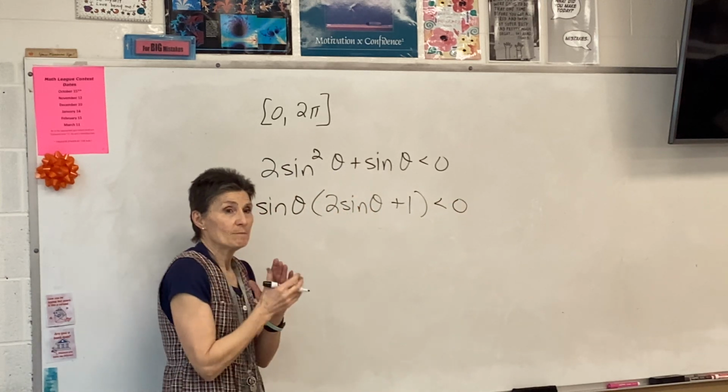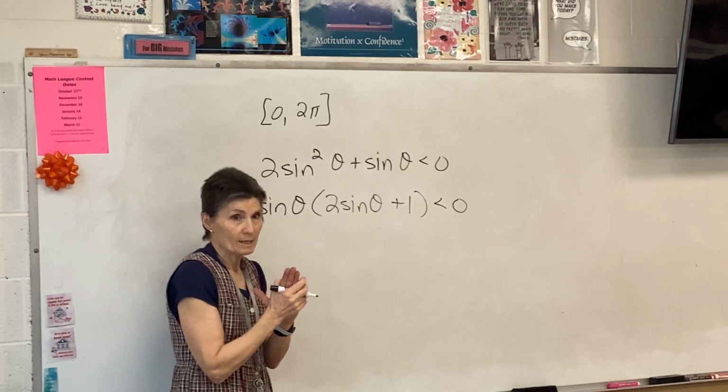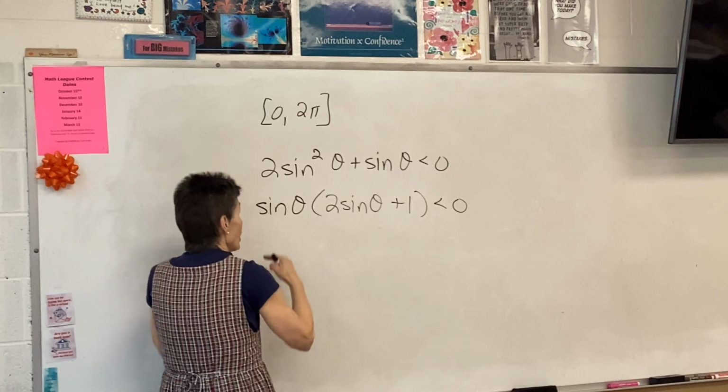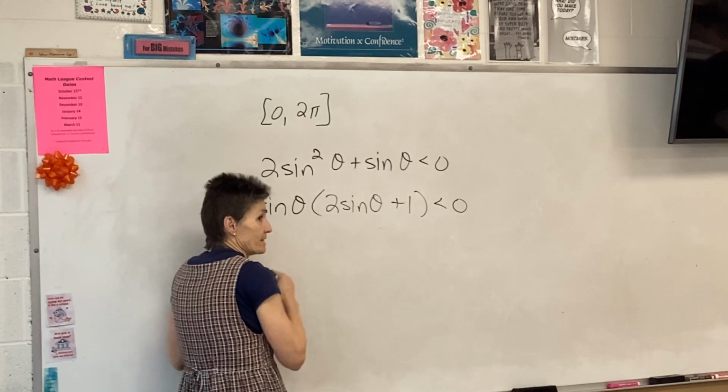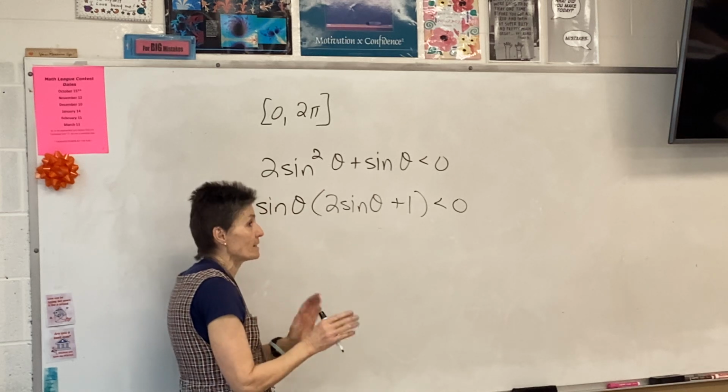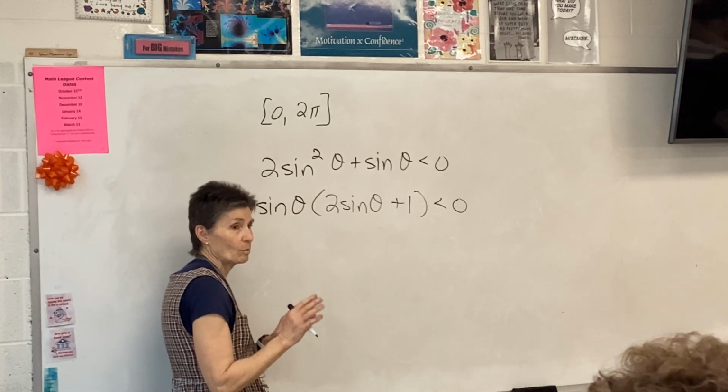Now, you need to be really, really careful here. In an inequality, you don't just jump to sine less than 0 and 2 sine plus 1 less than 0. That works in an equation, but not in an inequality.